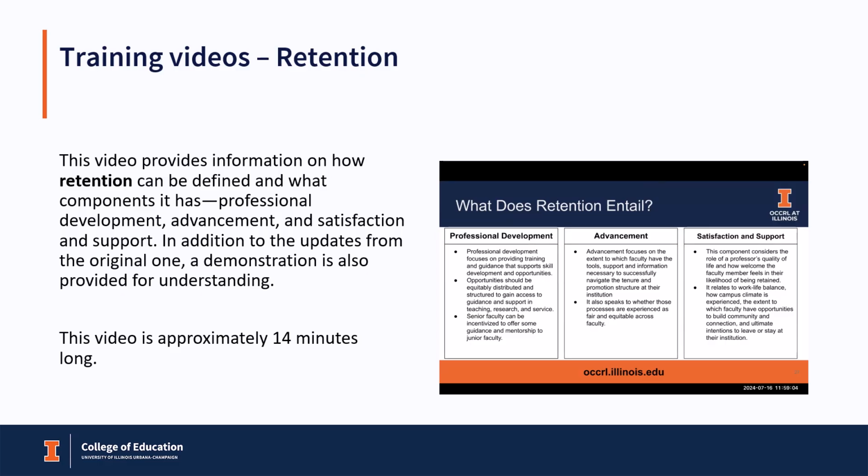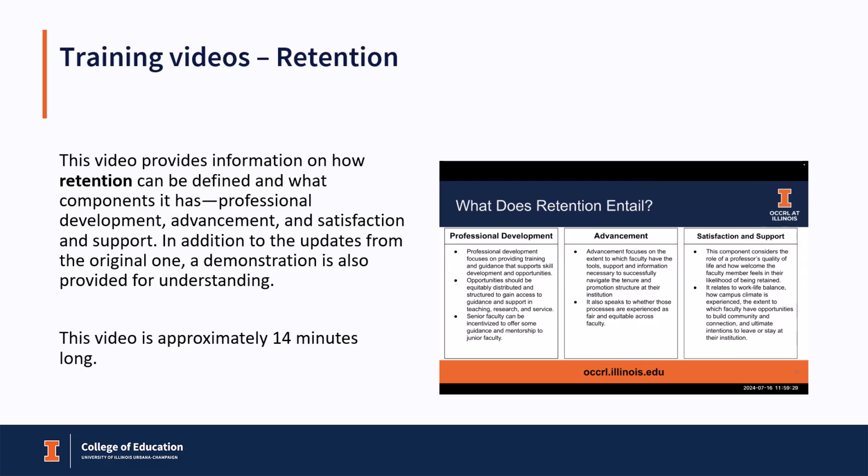Next, advancement refers to the extent to which faculty have the resources necessary to successfully navigate their institution's tenure or promotion process. Also, it refers to whether every faculty member experiences those processes as fair and equitable, regardless of their identities.